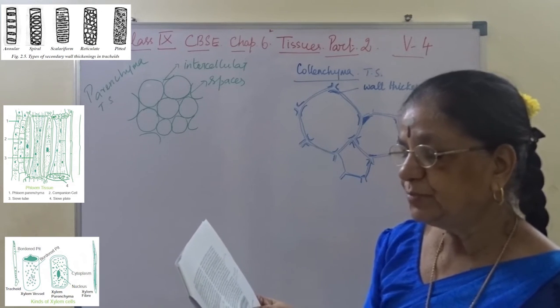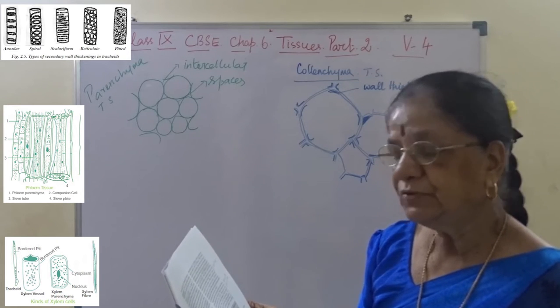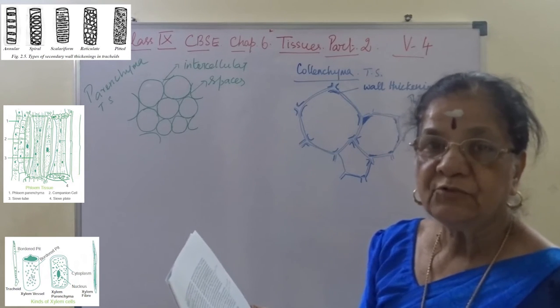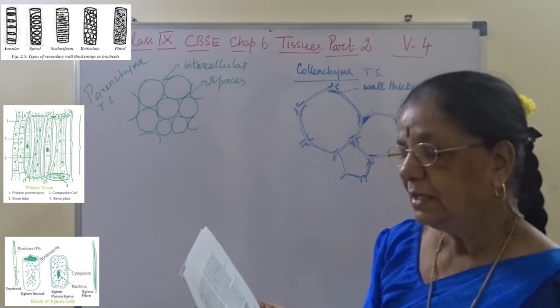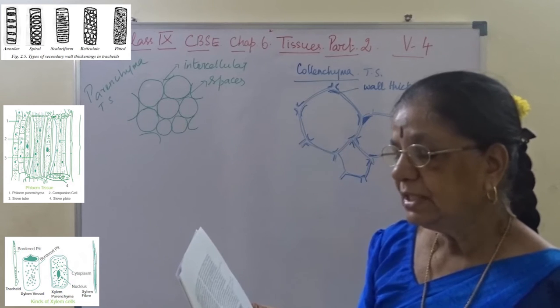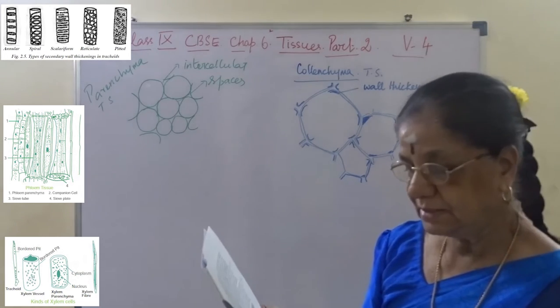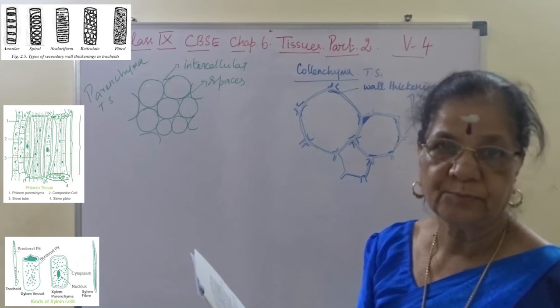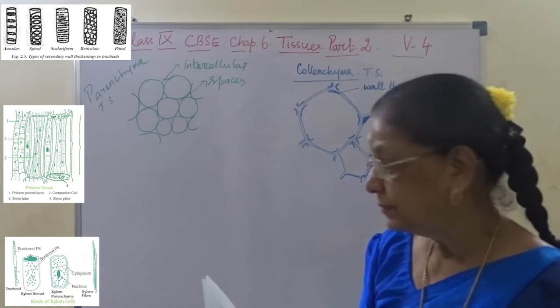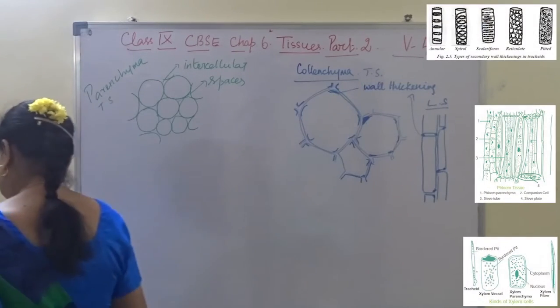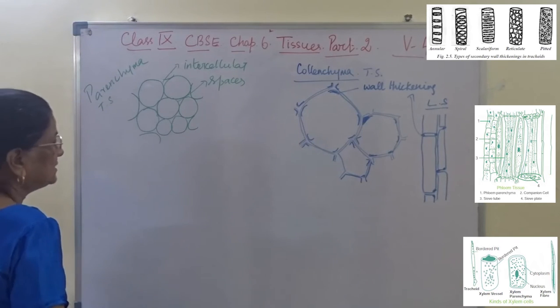Then this tissue is present in the stem around the vascular bundle, in the veins of the leaf, and as a hard covering of seeds and nuts. You should know the location where they are present. I hope you understand.